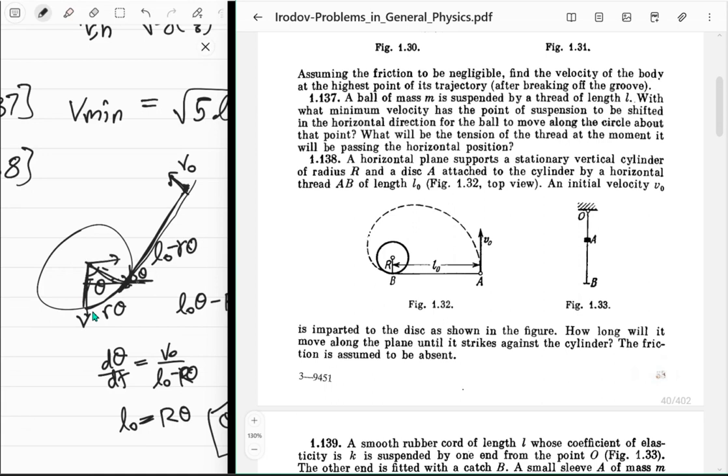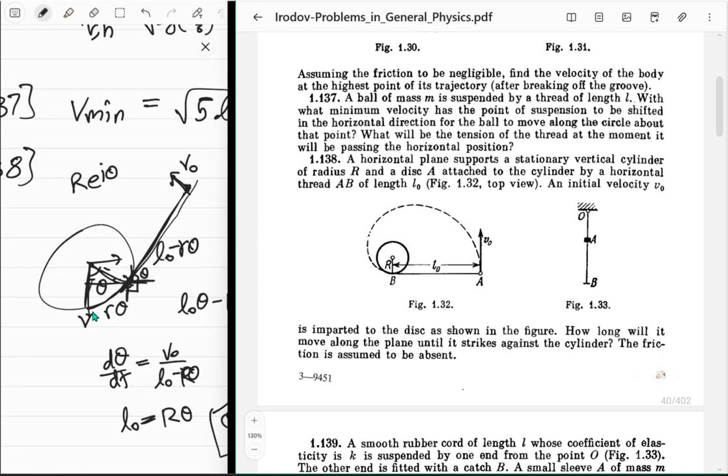This vector is just r e power i theta, and then this angle is 90 plus theta, so we multiply by e power i pi by 2, which is just iota. I'm just rotating by 90 degrees. So this thing is plus L naught minus r theta, times iota e power i theta.